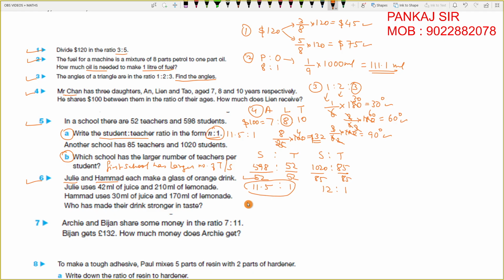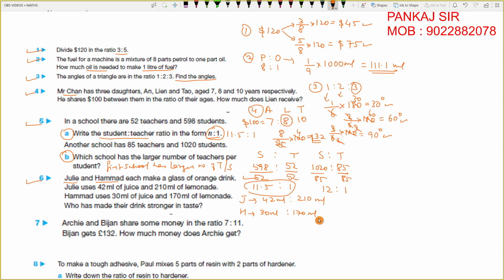So I'll write J for Julie, I'll write H for Hammett. As far as Julie is concerned, the juice is 42 ml to 210 ml, right? In the case of Hammett, juice is 30 ml and lemonade is 170 ml, right?